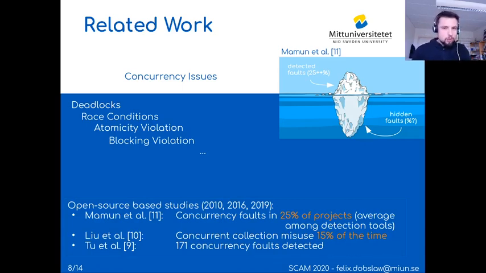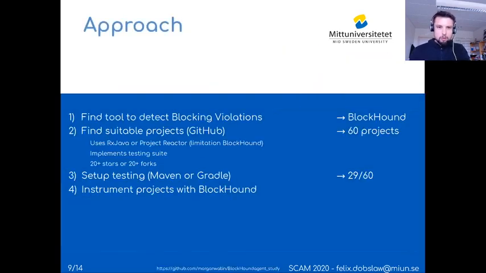So concurrency problems are a real issue, and blocking violations are one of the issues that hasn't been investigated so far. So our approach is to first identify a tool to detect the blocking violations, and BlockHound is one of these tools that allows us to do that on the bytecode level. And then the second step was to shortlist a certain number of projects so that we could instrument those projects and run them locally in a test environment.